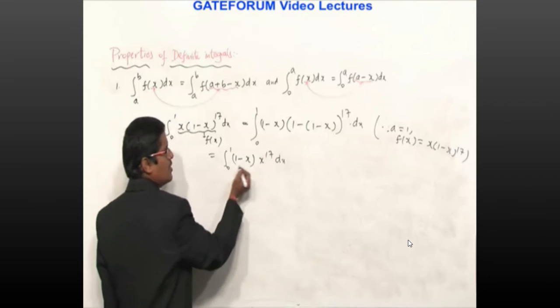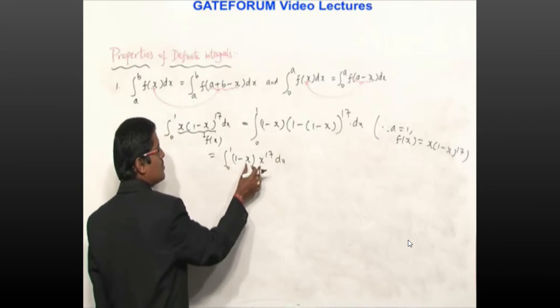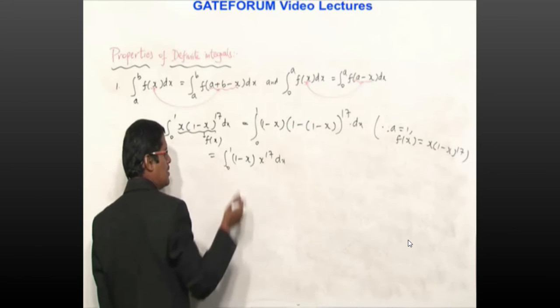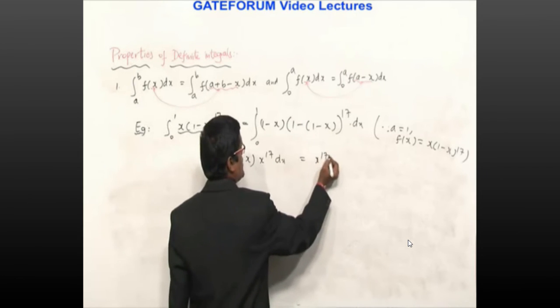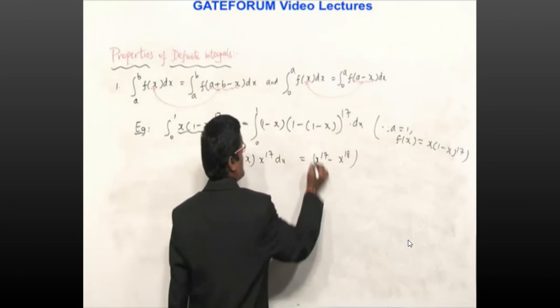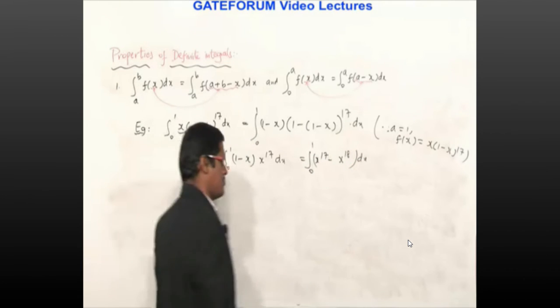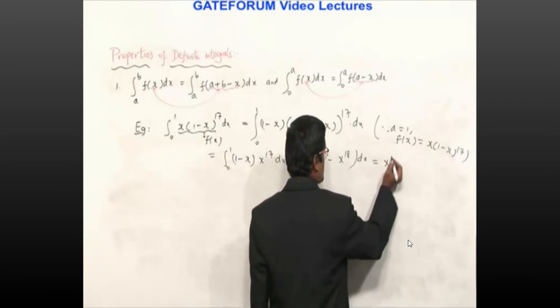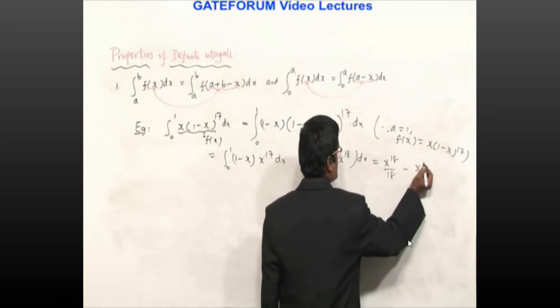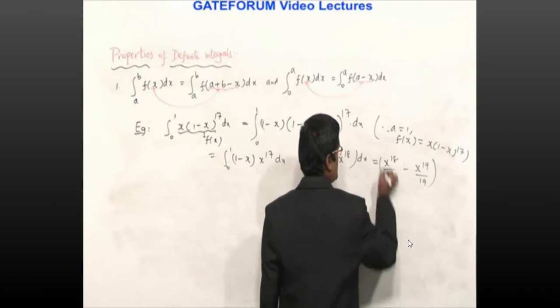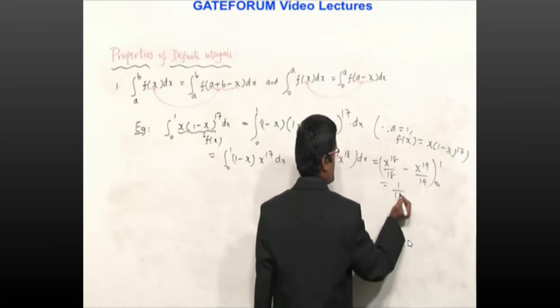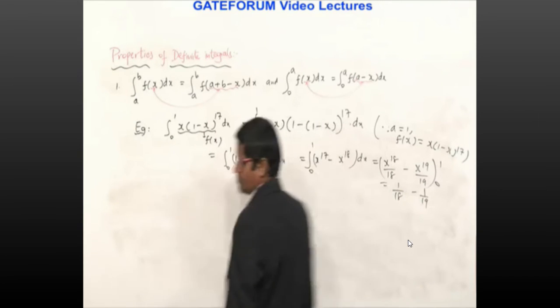Now multiplying, the product of 2 terms simplifies to x to the power 17 minus x to the power 18. Now each is x power n, standard integration formula, n is equal to 17 and n is equal to 18. So x power 18 by 18 minus x power 19 by 19, limits 0 to 1. So 1 by 18 minus 1 by 19.